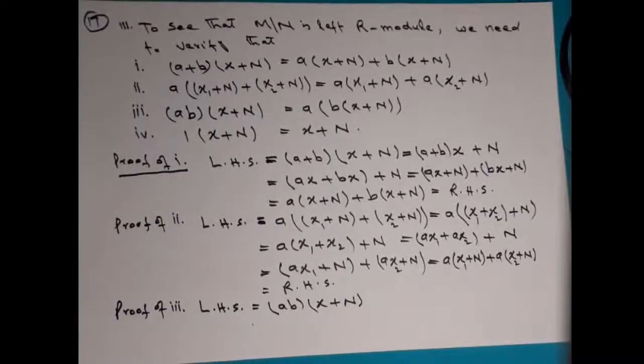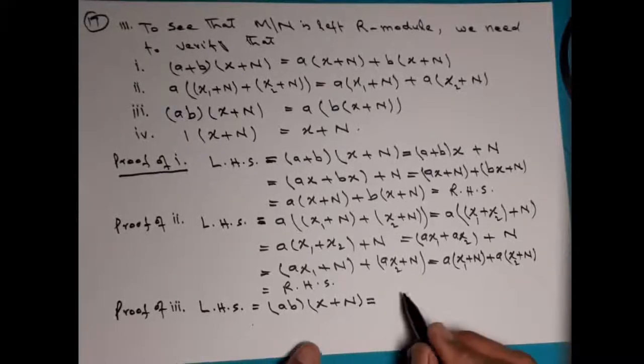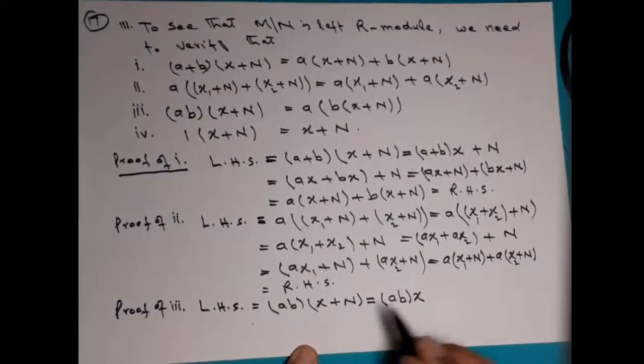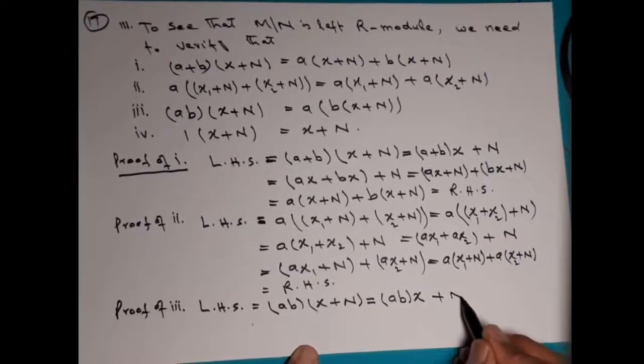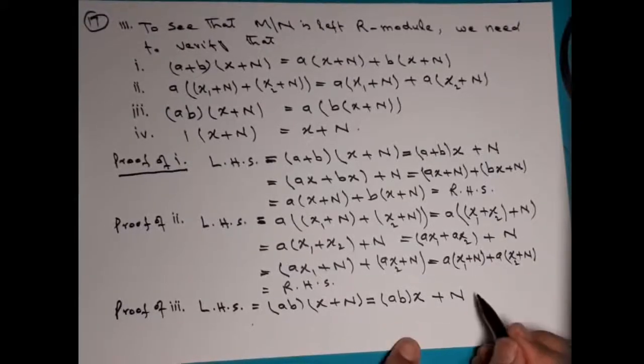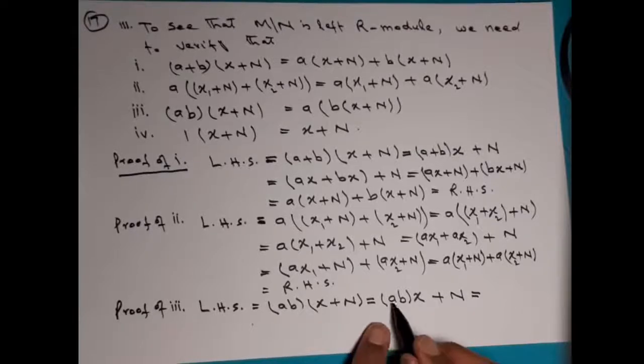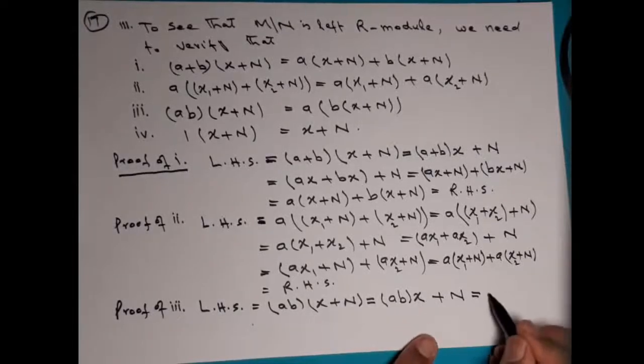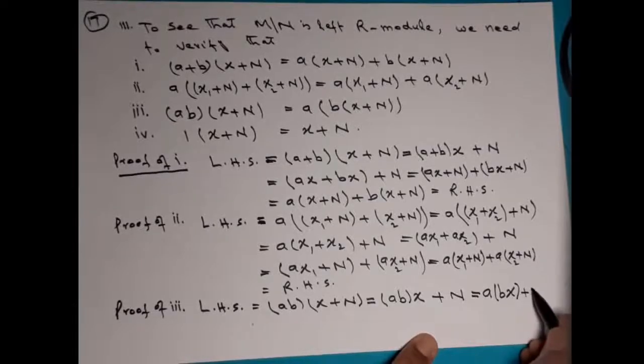Now by the definition of scalar multiplication that we have just defined, this is equal to (ab) multiplied with x and then plus N. And (ab) multiplied with x is equal to a multiplied with (bx). This is the condition of M being a left R module, and then plus N.